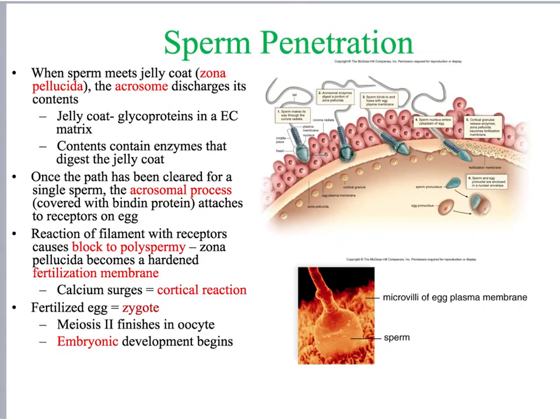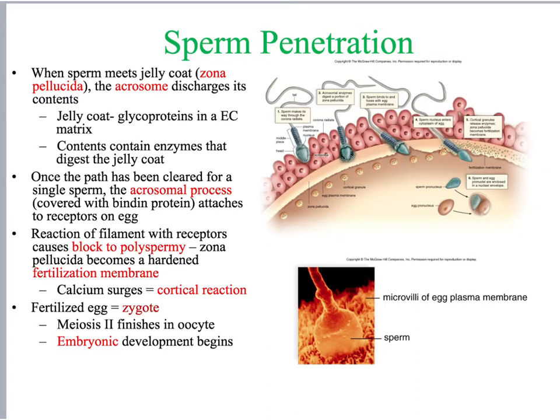The actual process of getting through the corona radiata and the jelly coat has to be the contents of the acrosomal processes of hundreds of sperm. So it's not the first sperm that gets the egg, it's sort of the one that was in the right place at the right time, and at least 100 before it paved the way and made a tunnel, so to speak, for that last one to hit the surface of the egg.